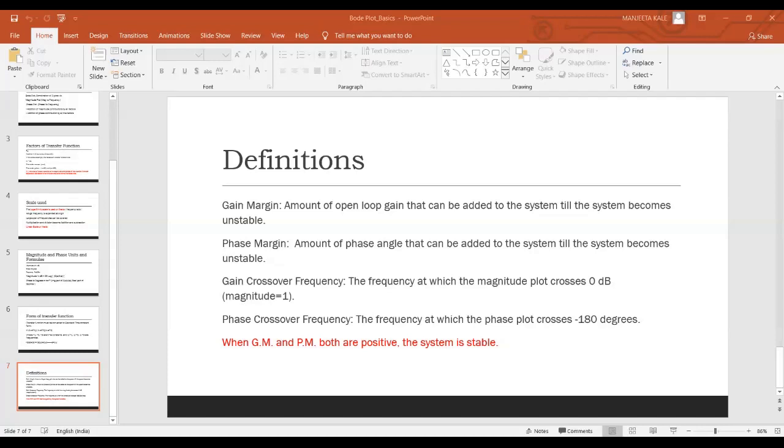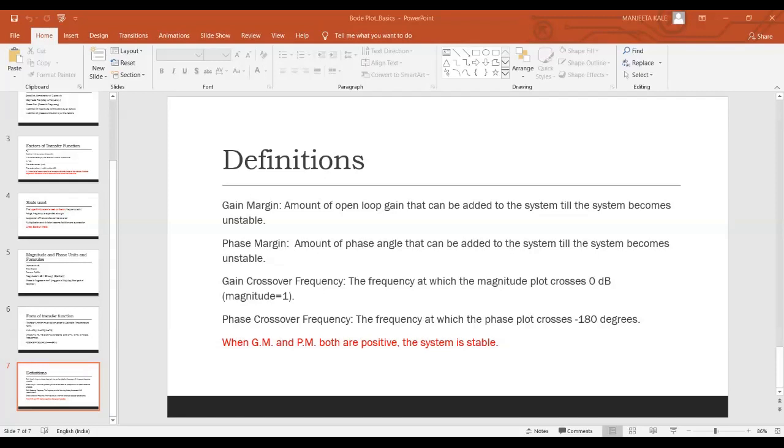And similarly, we have phase crossover, the frequency at which the phase plot crosses minus 180 degrees. Now, why are we considering minus 180 degrees? Because the systems that we are analyzing are mostly stable systems. And if you start solving problems, you realize that you get angles where the phase is negative.